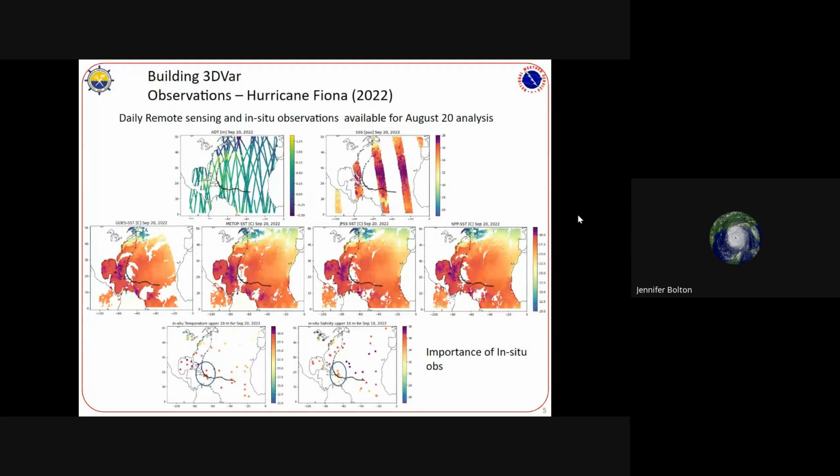And then this is one example of the observation coverage for Hurricane Fiona on August 20th. So top left is absolute dynamic height tracks, and the right one is the sea surface salinity swath, and the middle four panels show the remote sensing of sea surface temperature coming from different platforms, and the bottom two panels show temperature and in situ observations for this particular period.